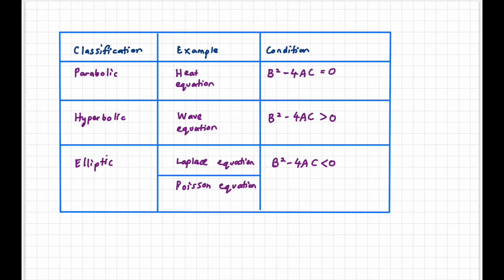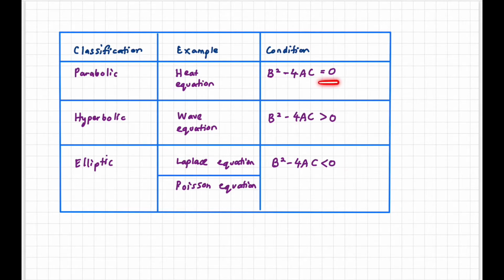So you have to determine the value of each of these coefficients A, B and C, and then substitute into this equation. Check whether it is equal to 0, greater than 0 or less than 0.